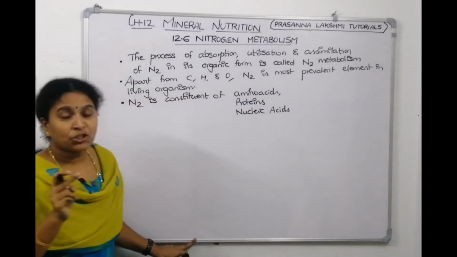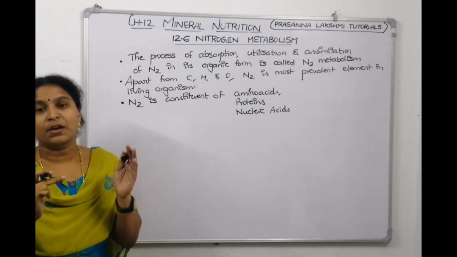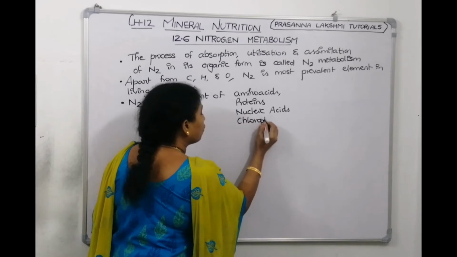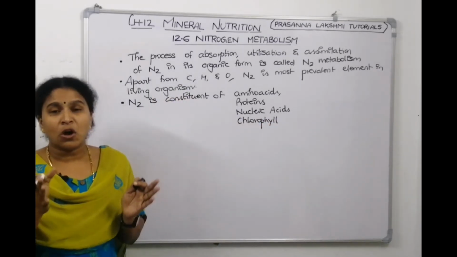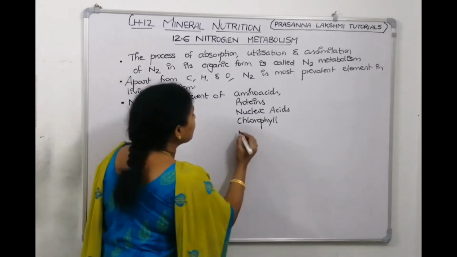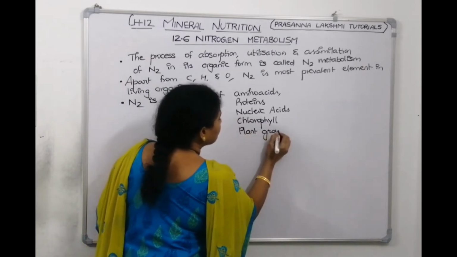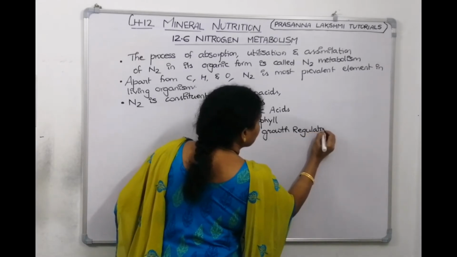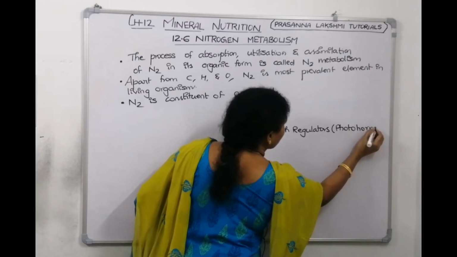And in the previous lectures we drew the structure of chlorophyll, the porphyrin ring. There also 4 nitrogens are drawn. So nitrogen is a constituent of plant chlorophyll. And nitrogen will make the plant hormones, auxin, indole 3 acetic acid. Nitrogen is there. So nitrogen is a constituent of plant growth regulators. Plant growth regulators means phytohormones.